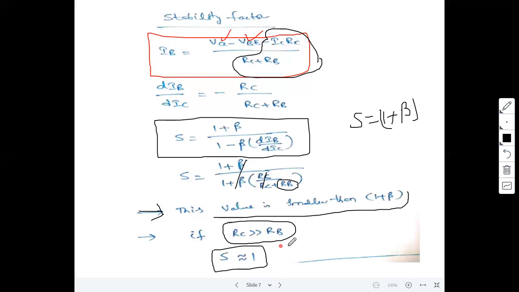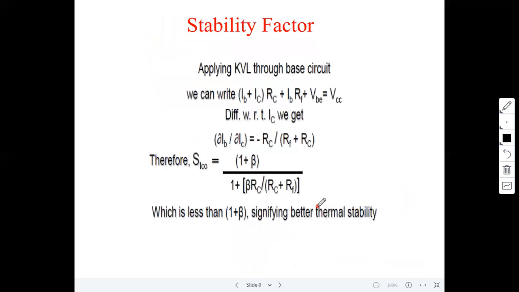Or if we choose the resistor value RC very much greater than RB, then stability factor is approximately equal to 1. Same here: stability factor is equal to 1 plus beta by 1 plus beta, RC by RC plus RB.